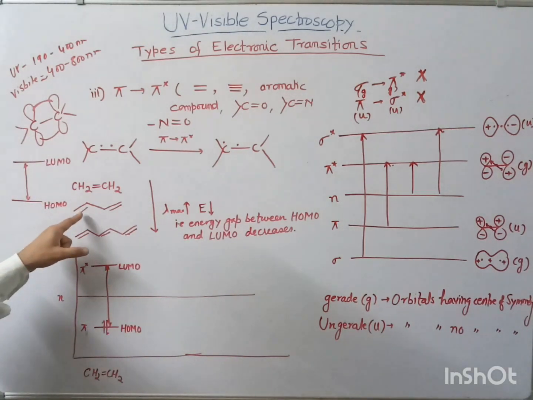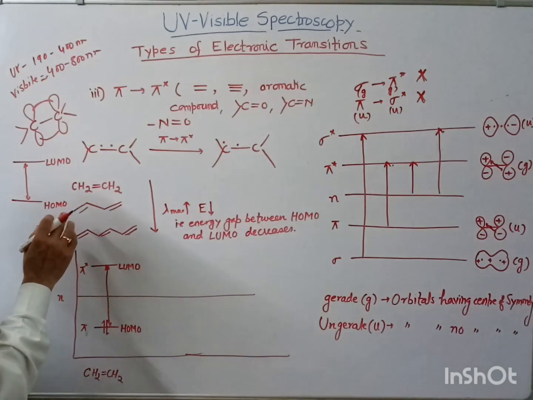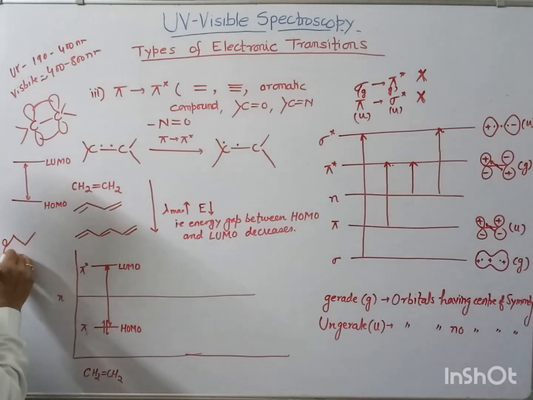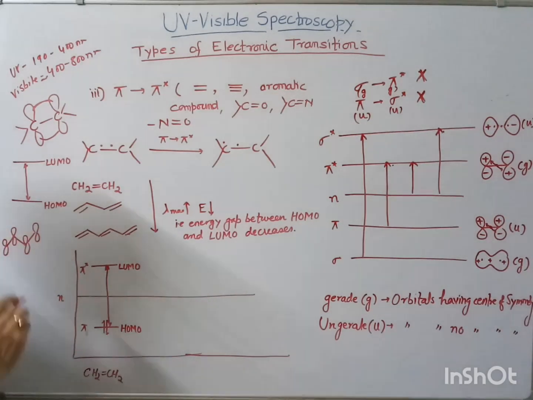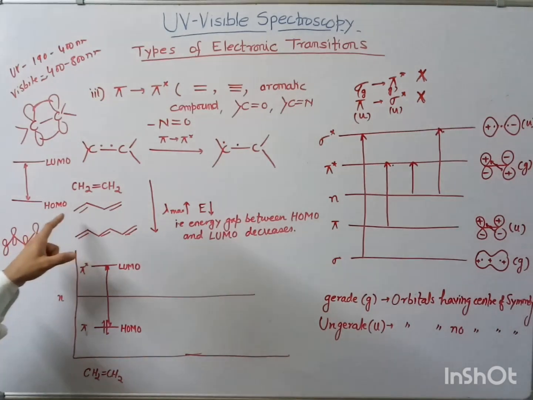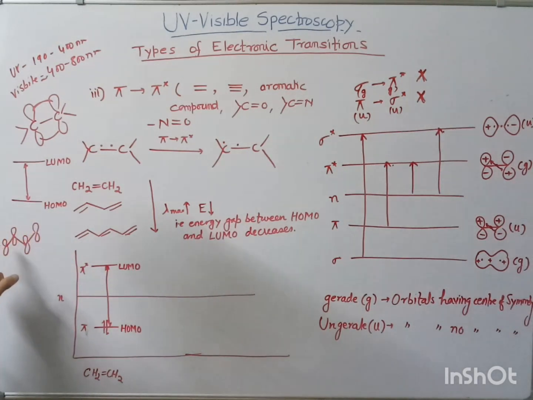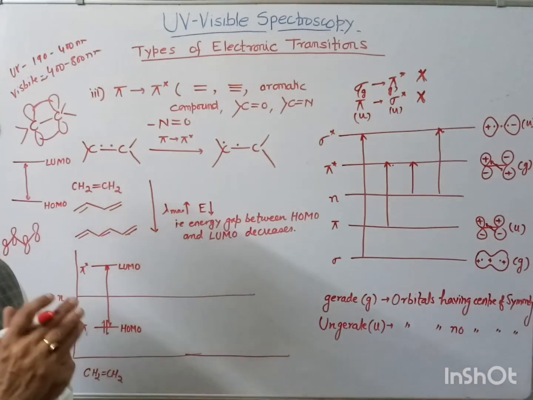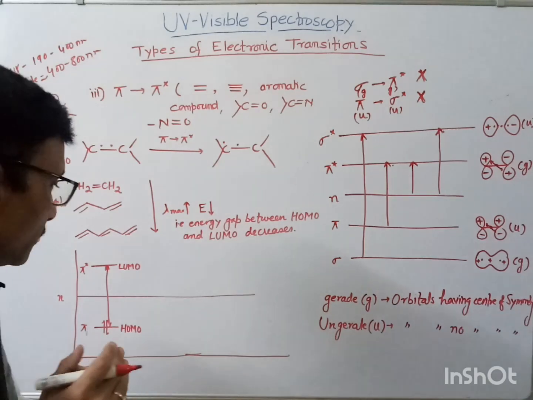Now, if we see butadiene, how many pi molecular orbitals are involved? How many p orbitals are involved in butadiene? 4 p atomic orbitals are there in case of butadiene, and they combine to give 4 pi molecular orbitals.